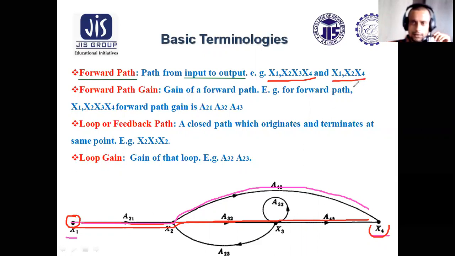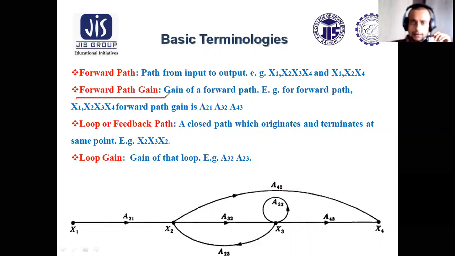So these are forward paths. Note that these forward paths are given in terms of nodes, but forward path gain is the gain of a particular forward path. As we saw here, there are two forward paths. One is this one.